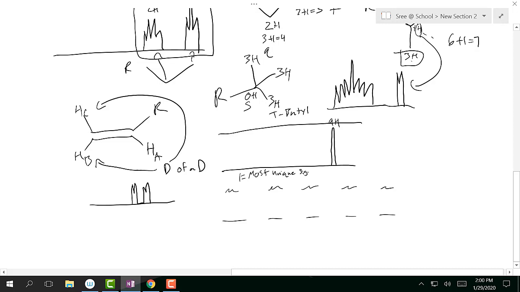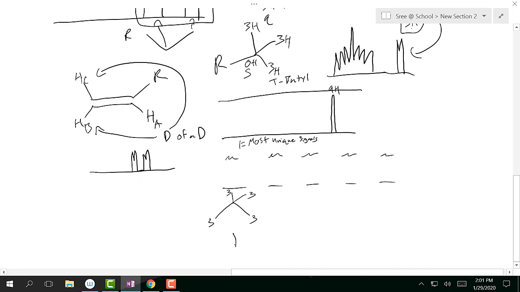For example, like that would only have 1 unique signal. All 4 of these are the exact same. So that's 1, and then another one would be like that. Like a bromine here. Now that would be 2, and then 3.